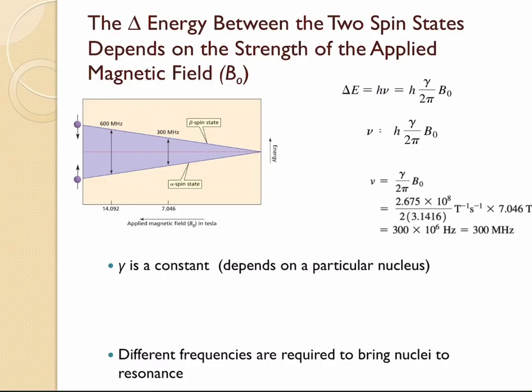The difference in energy between the two spin states, namely the alpha spin state and the beta spin state, is going to be dependent on the operating frequency of the spectrometer, which is given by the equation delta E equals h nu, where nu right here represents the operating frequency of the spectrometer.